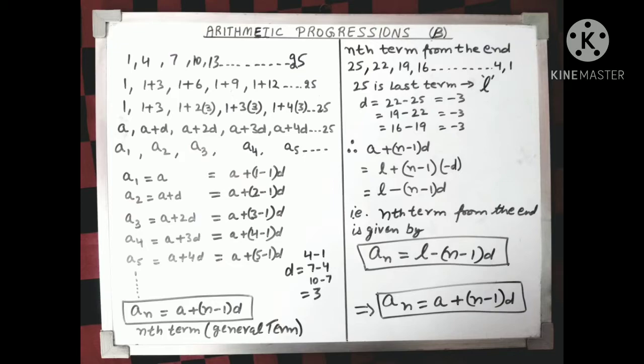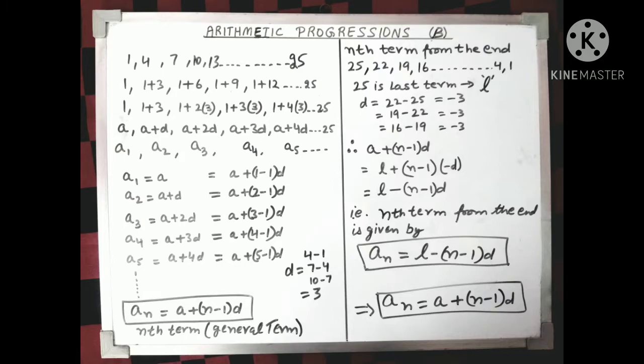Now see the second part, a very important one. Suppose you have to find the nth term from the end. Then what formula do we have? So we had the sequence as 1, 4, 7, 10, 13 and so on till 25. Now we reverse this sequence and rewrite it as 25, 22, 19, 16 and so on till 4, and we get 1 at the last.